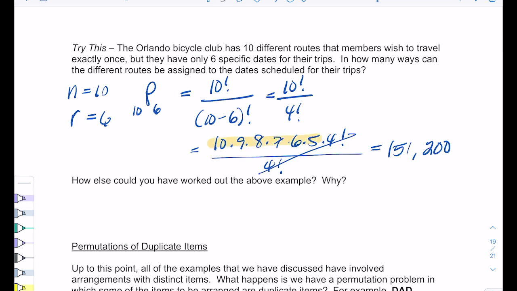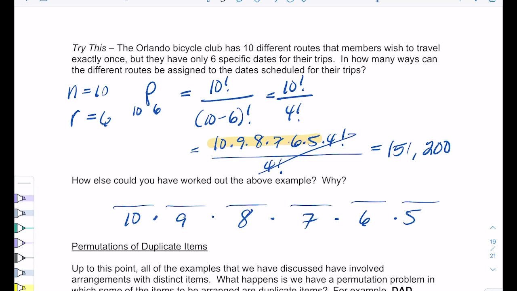So think of it as here's your 6 different dates. You've got 10 to choose from for the first, 9 to choose from for the second, and so on. Just multiply those together and you get the same number. So we used here the fundamental counting principle.